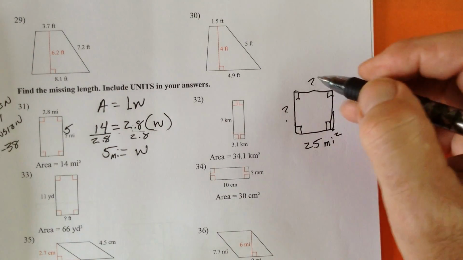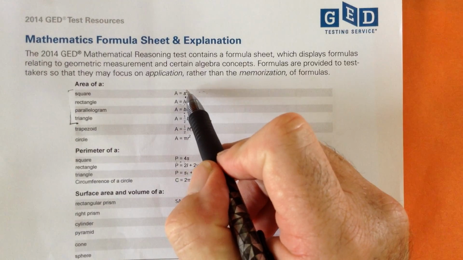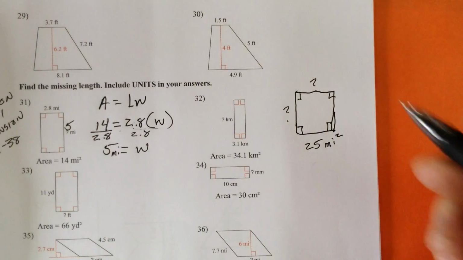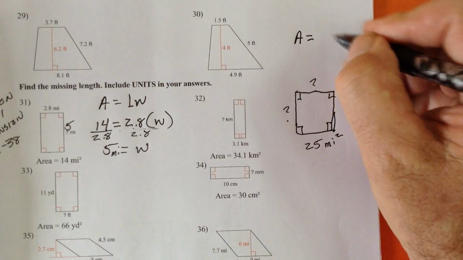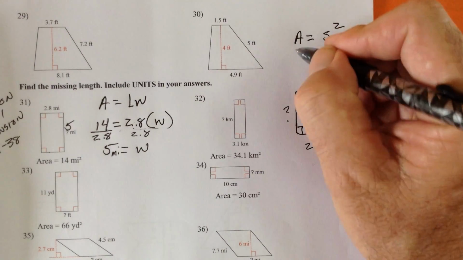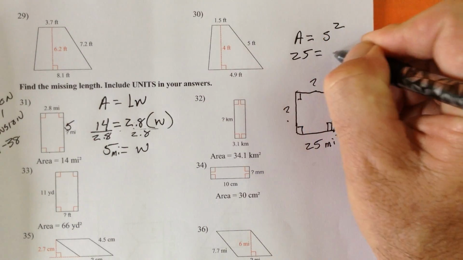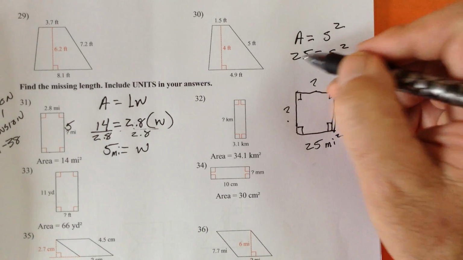Well, I got to find, remember, a square is side times the side, or side squared equals the area. It's like this, I'll put it up here, area equals S squared. So if I know the area is 25, well, the something times something has to be 25.